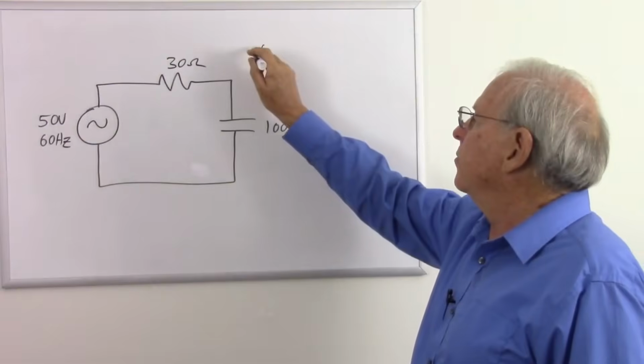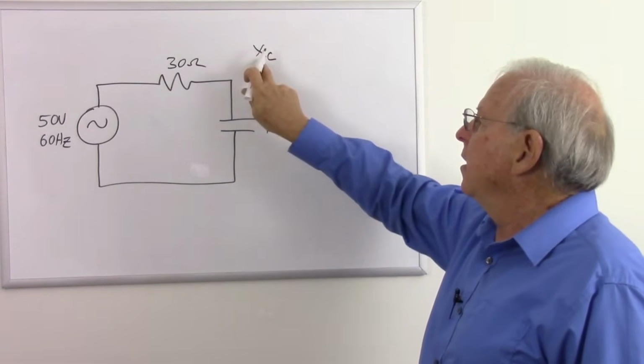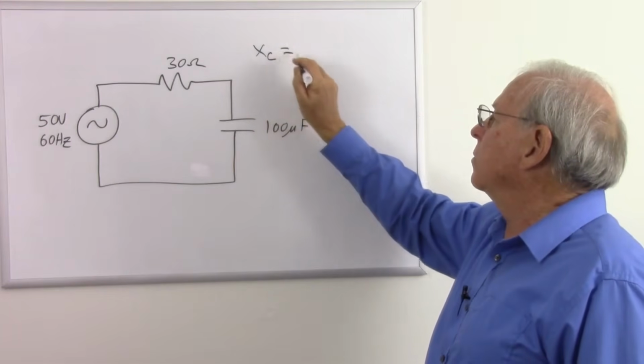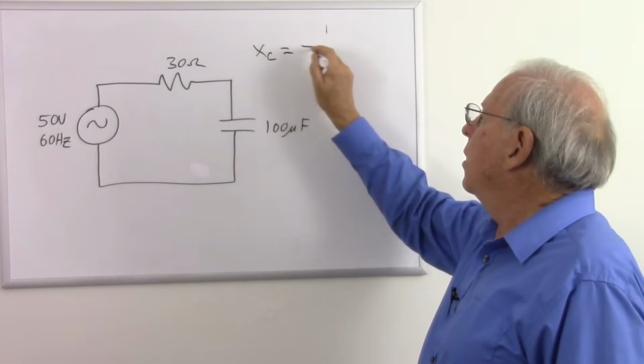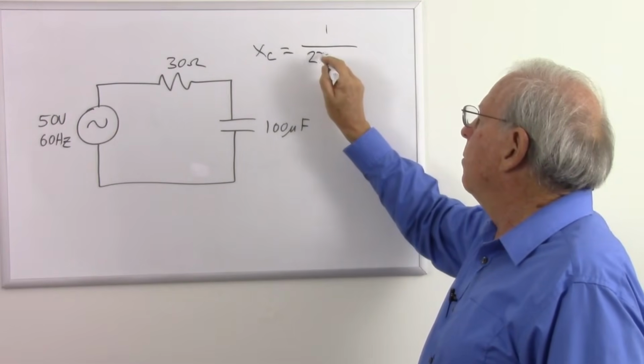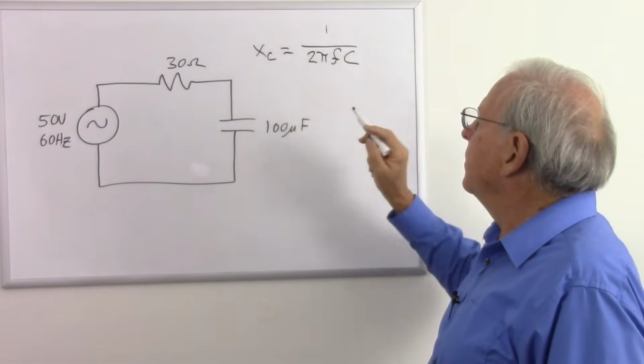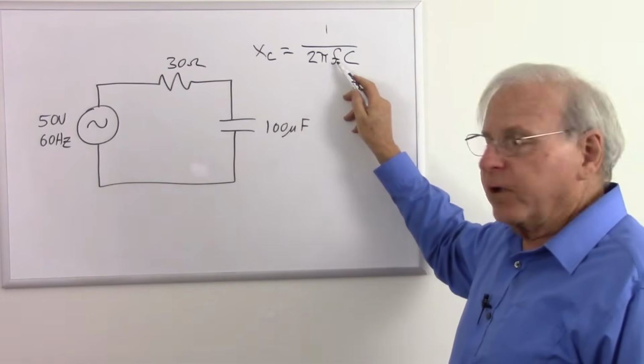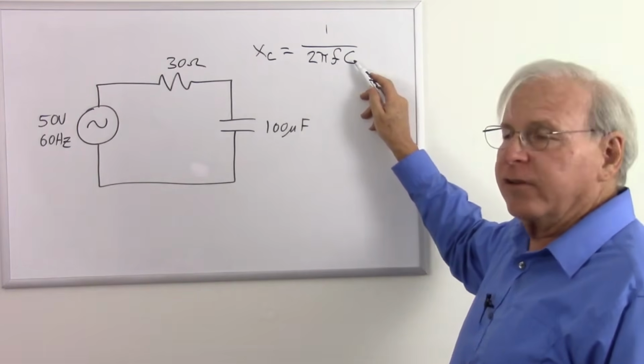The formula is X sub C, the capacitive reactance, or the reactance of a capacitor, is equal to 1 over 2 pi F C. So 2 pi is 6.28. F is the frequency and C is the capacitance in farads.